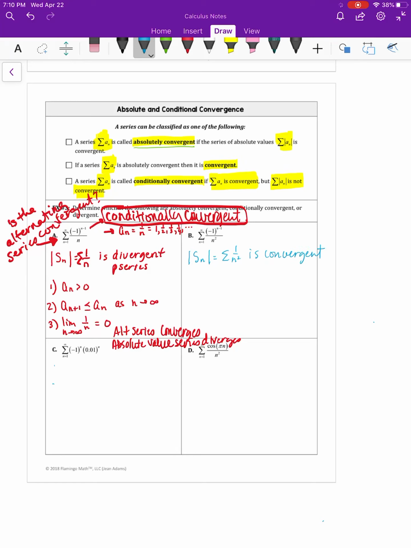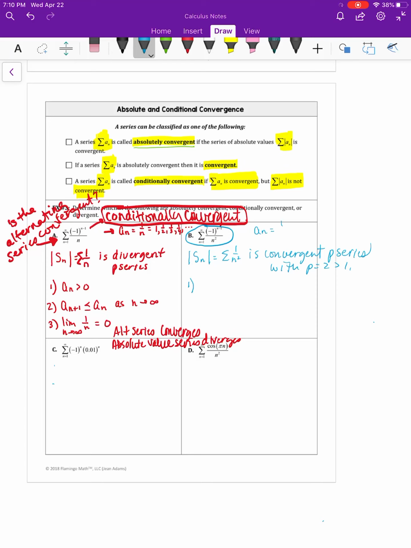Now let's look at letter B. Summation, n equals 1 to infinity. If I look at the absolute value of S sub n, it's going to be summation 1 over n squared, without the negative 1, positive 1, negative 1, positive 1. And I know that this is a convergent p-series with p equals 2, which is greater than 1.